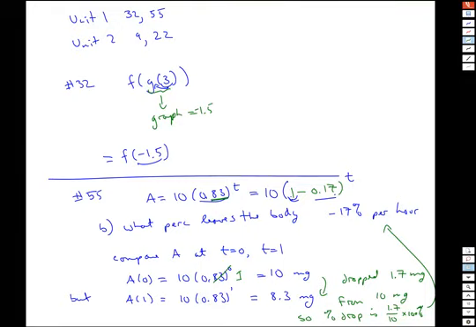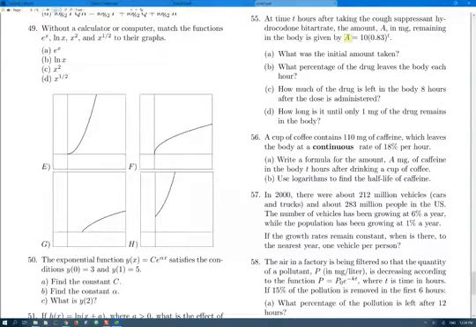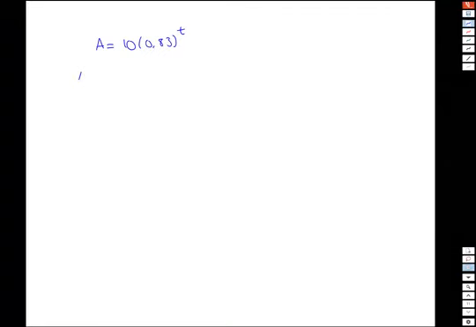For part C, again, we'll need our formula. 10 times 0.83 to the t. How much of the dose is left in the body 8 hours after the dose is administered? So the most common thing here is to overthink it. What we're going to do is simply plug in the number t equals 8.